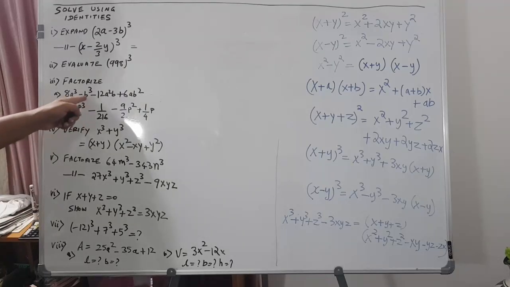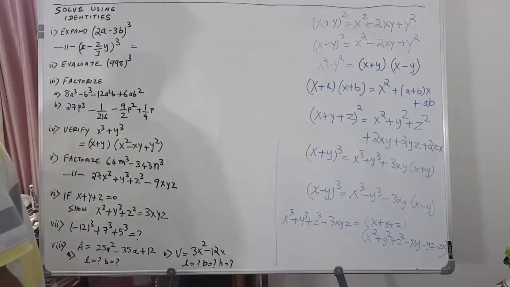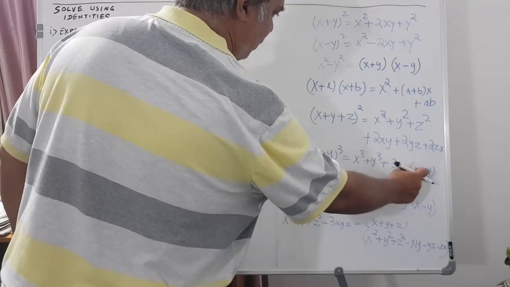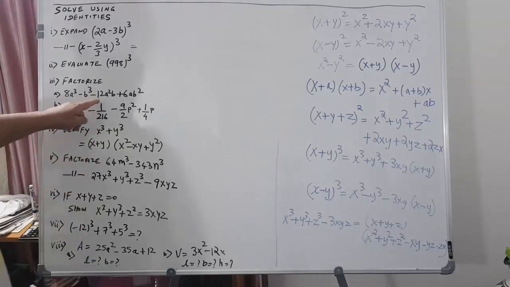So this looks like x cube plus y cube plus 3xy into (x + y), because you can see that if we multiply 3xy by x you get 3x squared y, and 3xy by y you get 3xy squared. So all the terms are there.